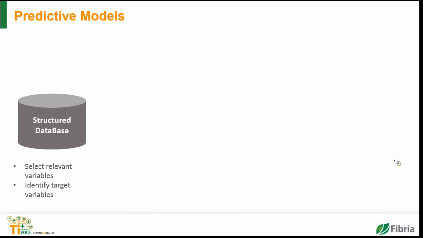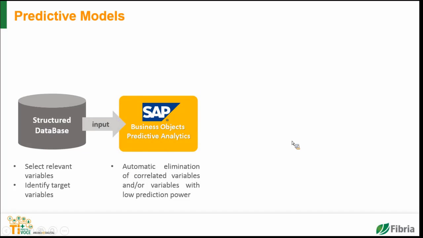And talking about the predictive models themselves, we start by structuring the database, selecting the relevant variables, identifying the targets, and putting this as an input to the SAP Business Objects Predictive Analytics. The moment that you open it, you need to select all the variables that you want to consider in the model, and just one variable that is going to be the target.